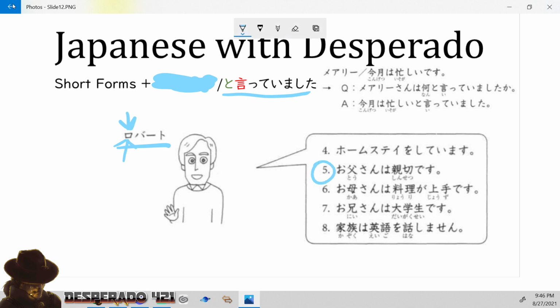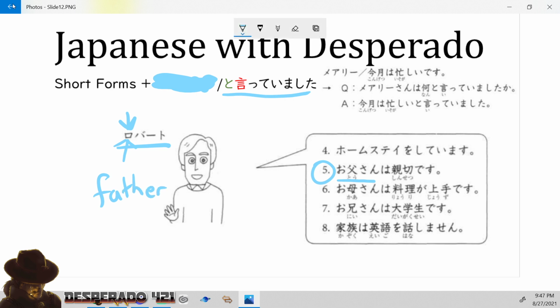All right, next one here. Oto-san. Isn't that like granddad or something? No, it's father. Yeah.